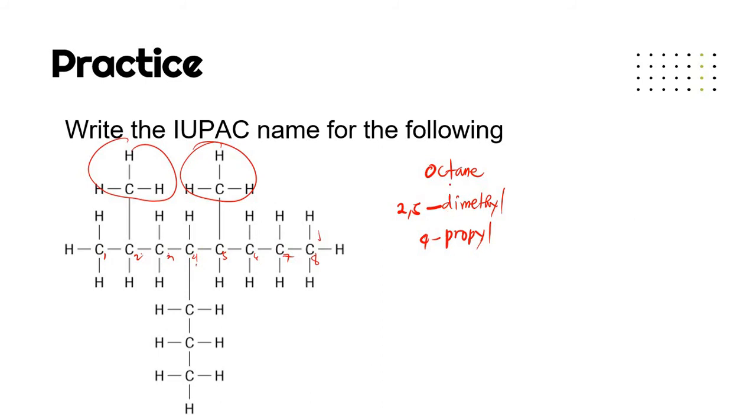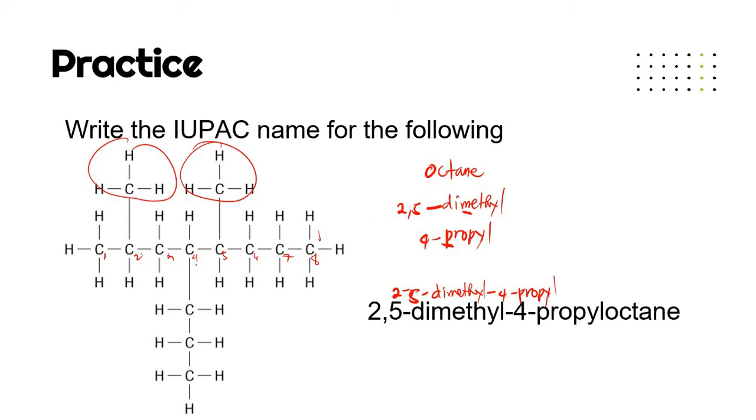Do not include the di, so it's M versus P. Which comes first? L, M, N, O, P. So M first. 2,5-dimethyl-4-propyl. Oh, we forgot the octane. So don't forget the parent name.